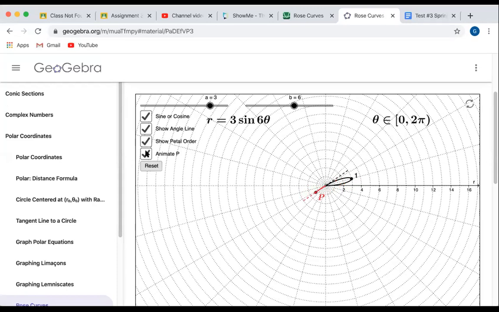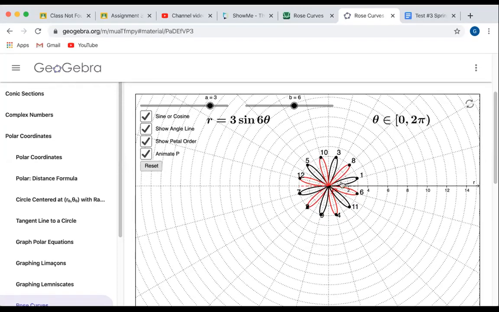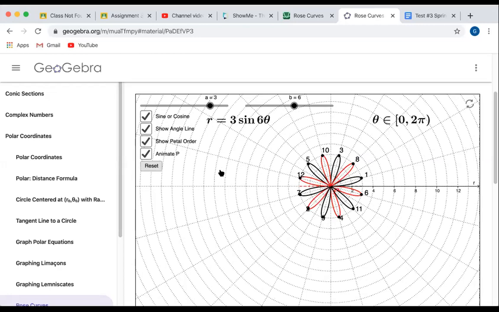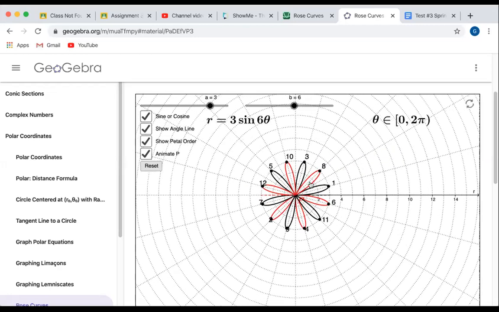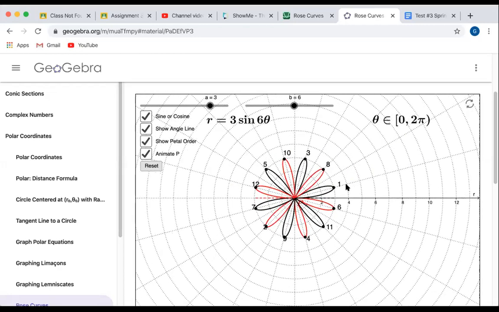The first pedal, the second pedal, the third, the fourth, the fifth, sixth, seventh, eighth, ninth, 10th, 11th, 12th. If you look closely, you'll notice that the odd number pedals go exactly where we would expect them to be.